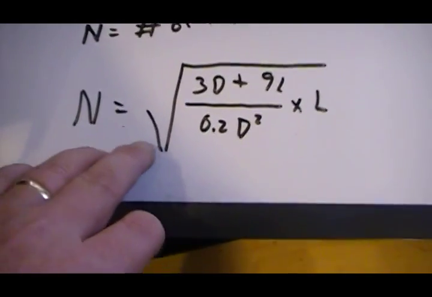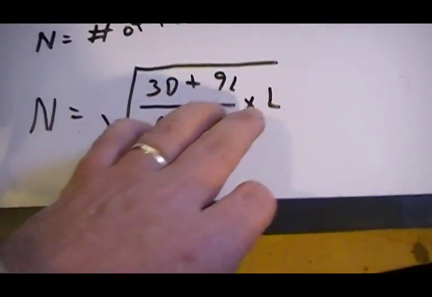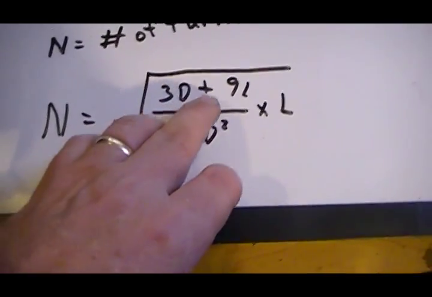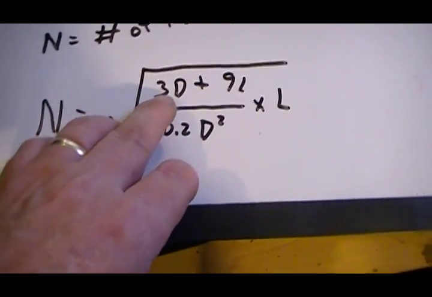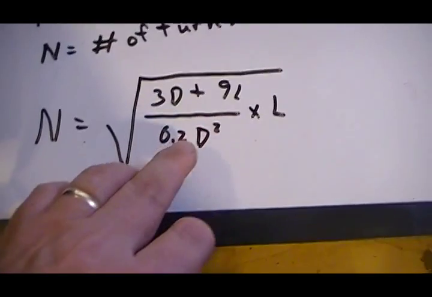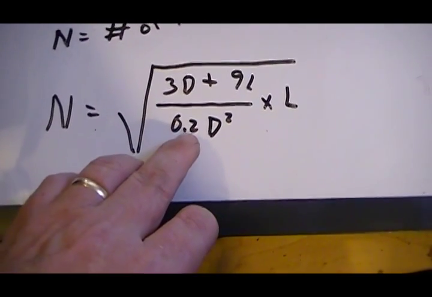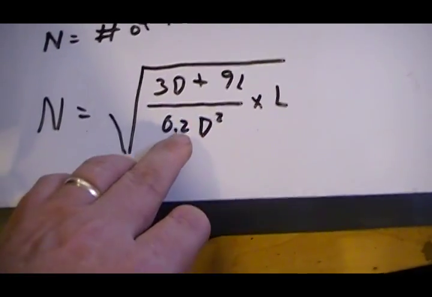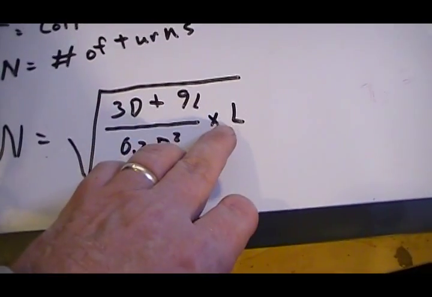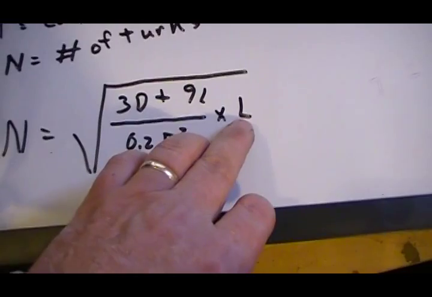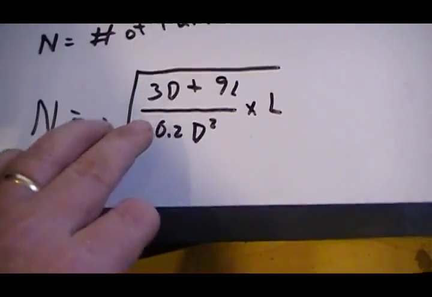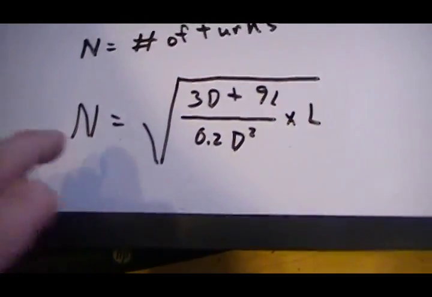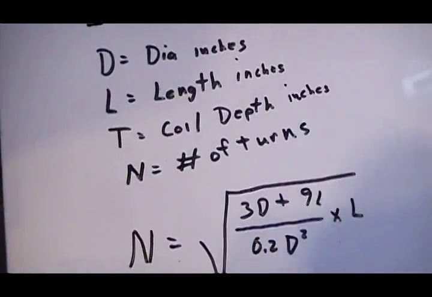N equals the square root of the entire thing: 3 times the diameter plus 9 times the length, divided by 0.2 times the diameter squared, times the inductance. Take the whole square root of it, and it will give you the number of turns you need to make up your coil.